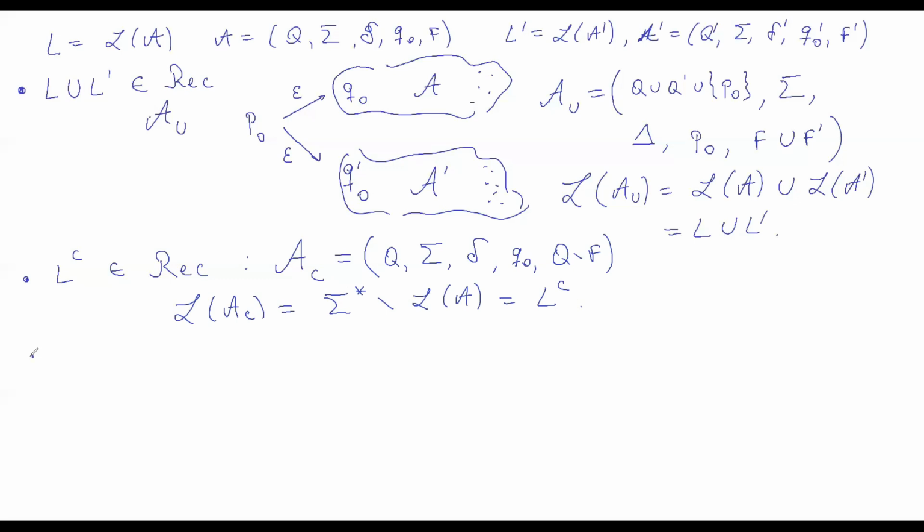Now, to see that the intersection is indeed a recognizable language, you could also simplify your life and make the following argument. It's got to be recognizable based on the two points we have proved before, because by applying the De Morgan rules, this is the same as taking the complement of the union of the complement of L and the complement of L prime.